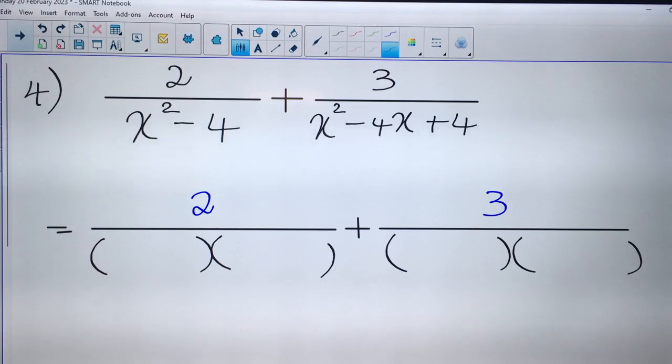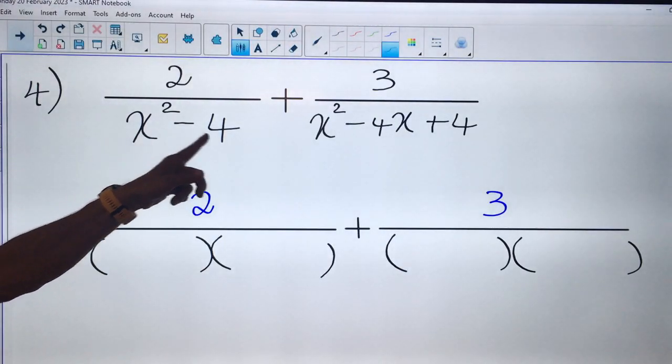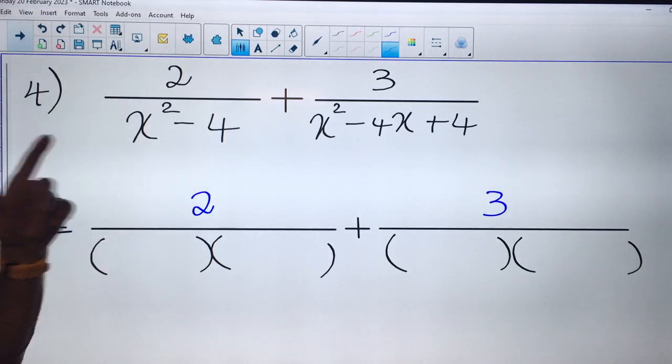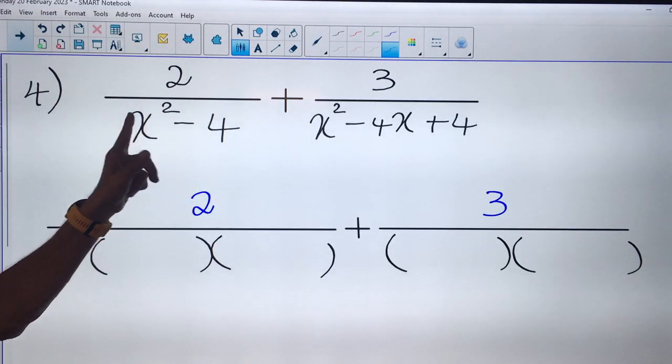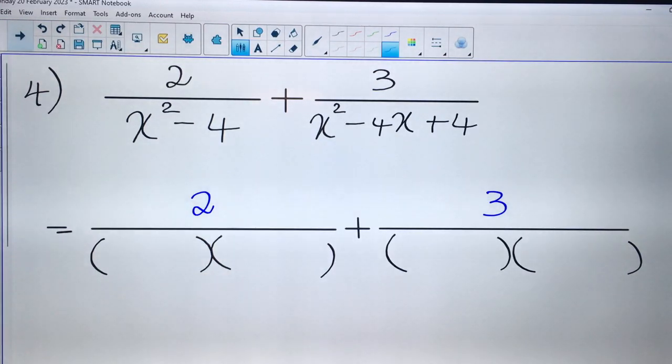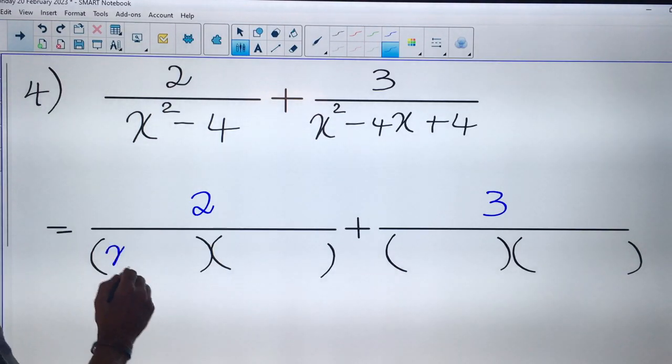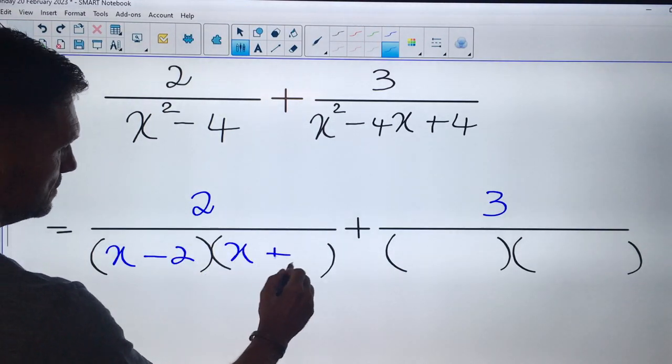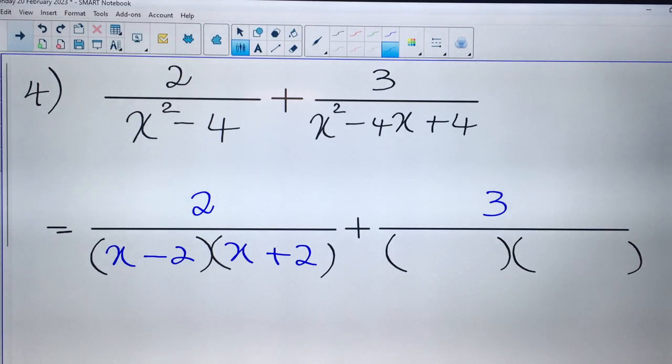See, we're going to need factorization again. How will we factorize this? A difference of 2 squares. So what will be my 2 factorizing brackets here? x minus 2 and x plus 2. Yes. That's always an easy one to see.